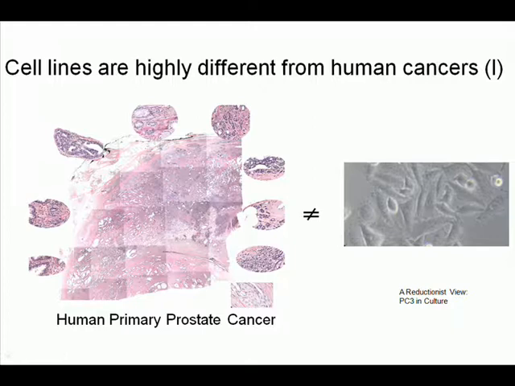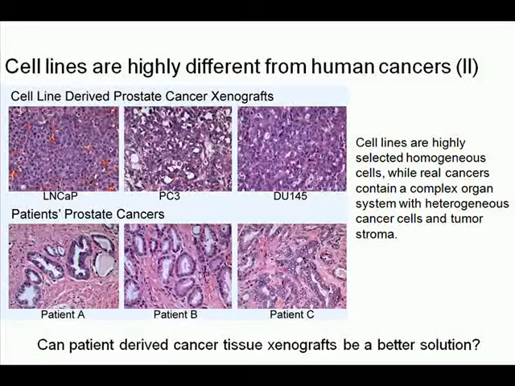So even in one piece of real-world tissue, you have multiple types of cells: benign, cancer, even different types of cancer cells. But this is a typical PC3 cell, and cells like this are normally claimed to be representative of prostate cancer. That's a very narrow vision, actually tunnel vision, in other words.